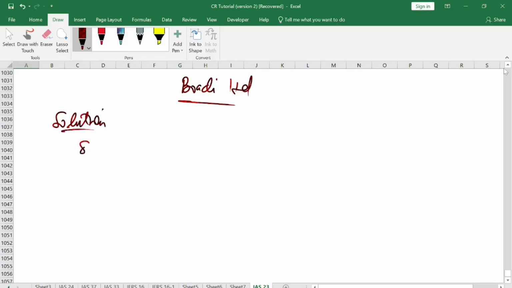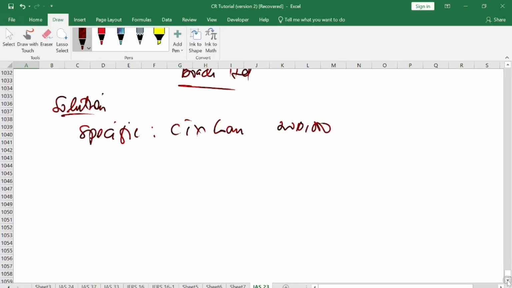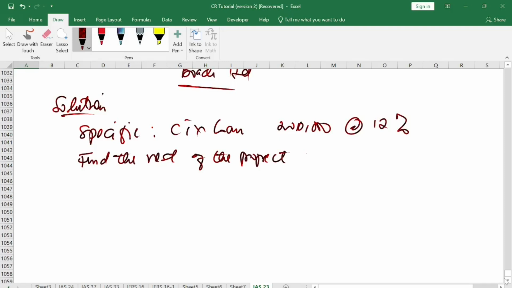They have a specific loan in the question, which is the CTX loan that they took, which is 200,000, to build an asset, at 12%. They said that the rest of the project is funded through general borrowing.